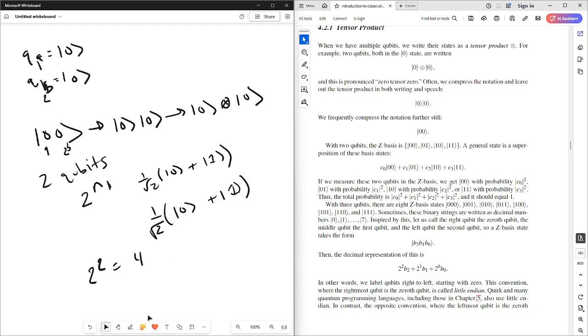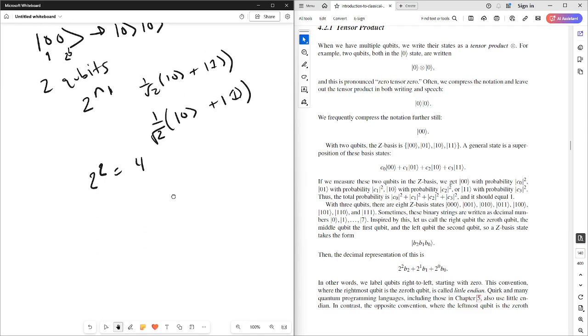So the complete superposition for a 2 qubit system, let's say Q1 and Q2, is 0 0 with some amplitude. They use C's here, so C0 plus C1 0 1 plus C2 1 0, and then obviously when they're both 1.